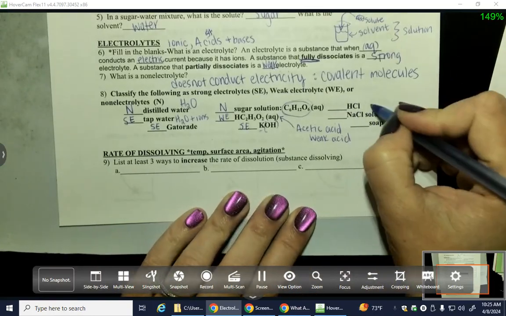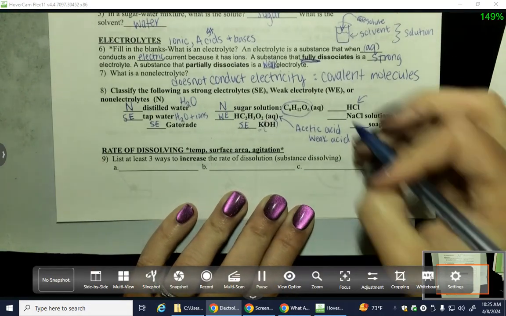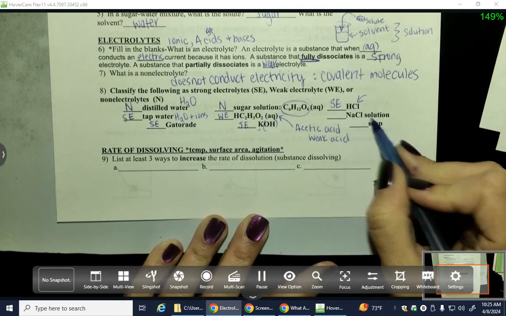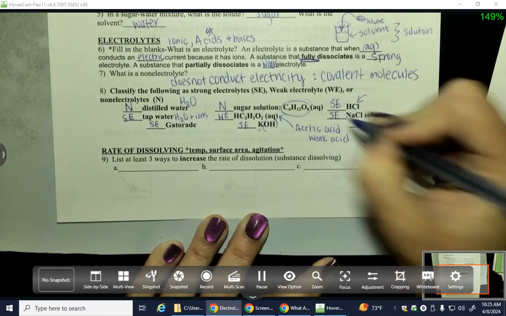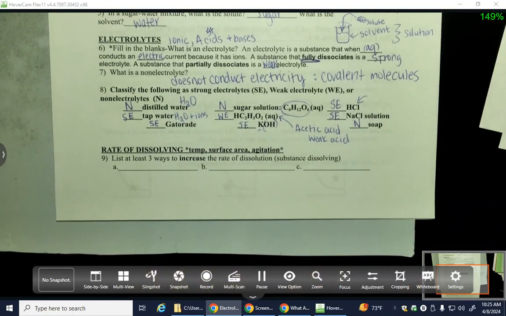Hydrochloric acid was also in the video, right? So as long as it's in aqueous solution, this is a strong electrolyte. NaCl solution, we're going to go ahead and say strong electrolyte. Soap should be none, all right? What I need you guys to be able to do on the test is know an electrolyte versus a non, all right? The strong and the weak, not very important to me, okay?